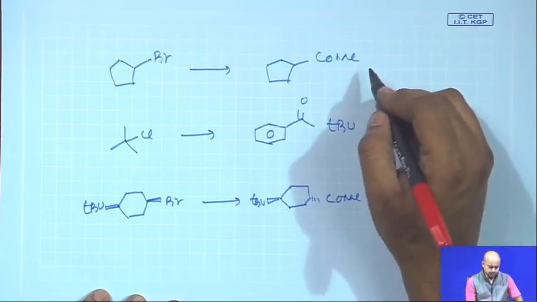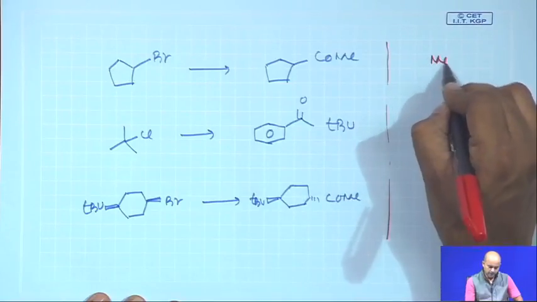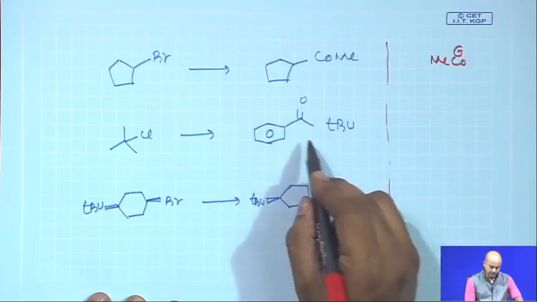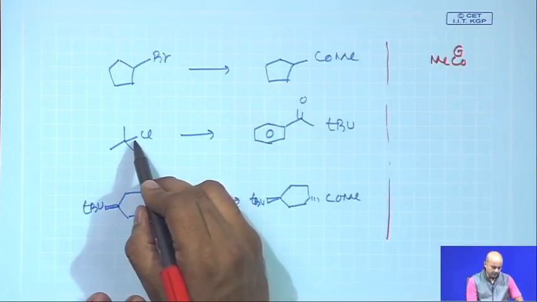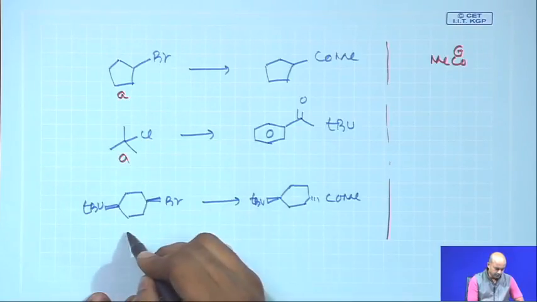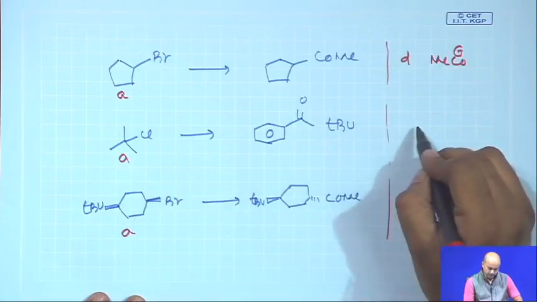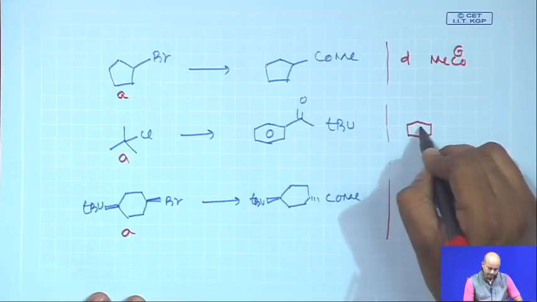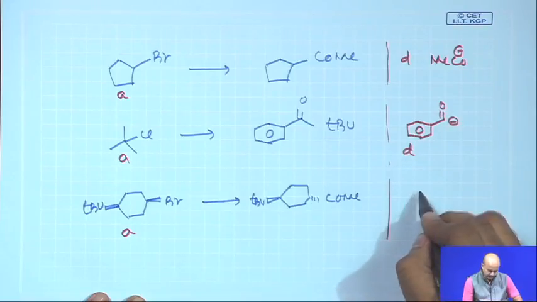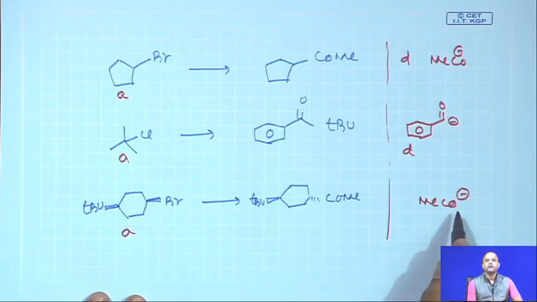So, you can simply think that in this case, if you have a MeCO minus, you can do an Umpolung type of alkylation. In this particular case the electrophile is here. So, in all these cases these compounds are basically acceptors, and this is your donor. In this case your donor should be something like this, and in this case your donor will again be the same MeCO minus.